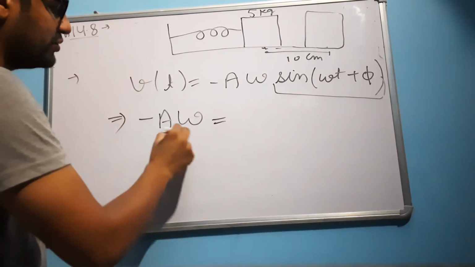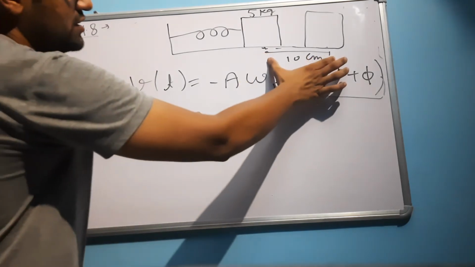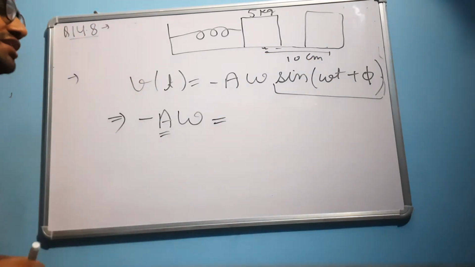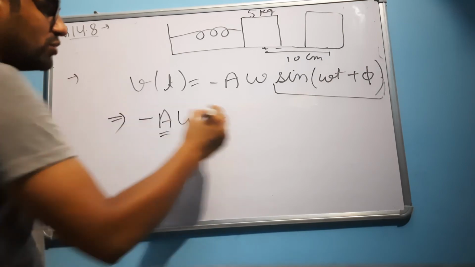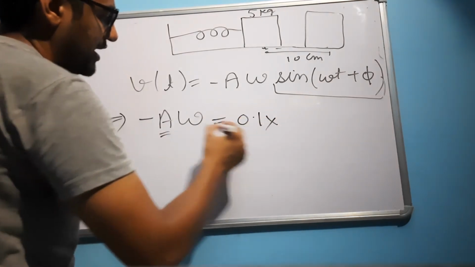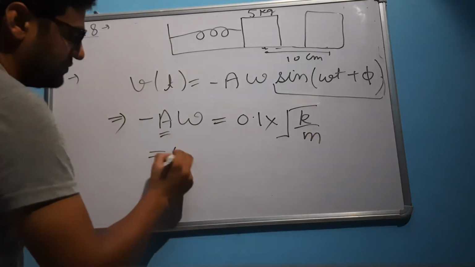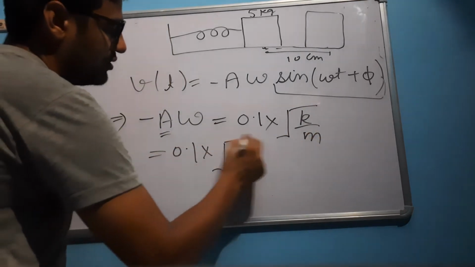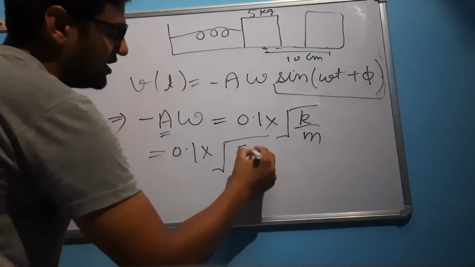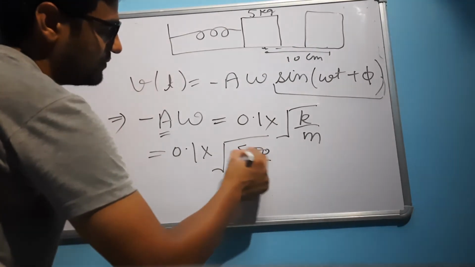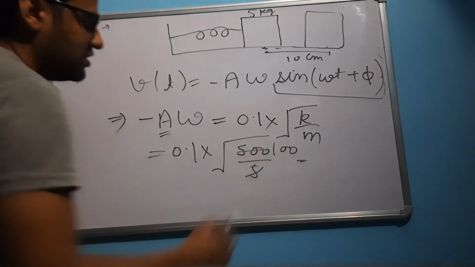And what is the amplitude? We have displaced it 10 centimeter. In meter it will be 0.1, and omega is root k by m. So 0.1 into root of k, 500 Newton per meter, divided by mass, 5. The root will be 10.